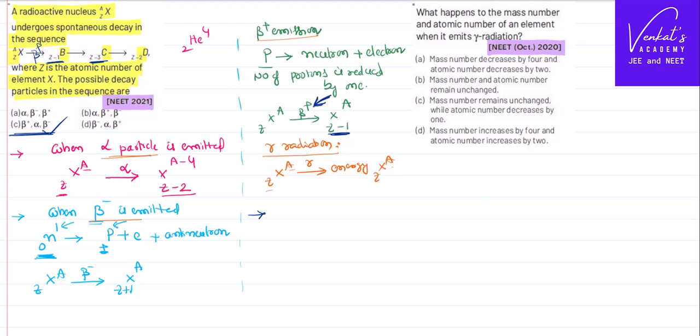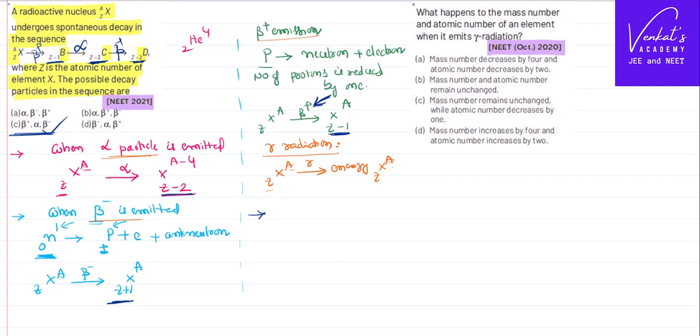The atomic number is reduced by 2 when an alpha particle is emitted. Next, Z minus 3 has become Z minus 2, that means the atomic number is increased by 1. The atomic number is increased by 1 only when beta minus is emitted. So here what is emitted is beta minus.